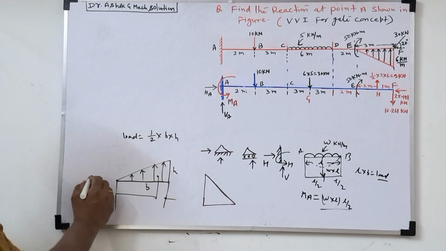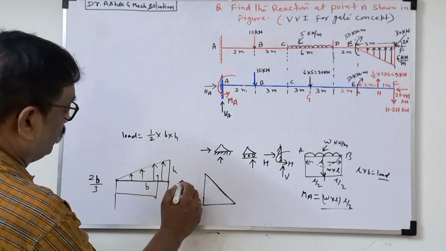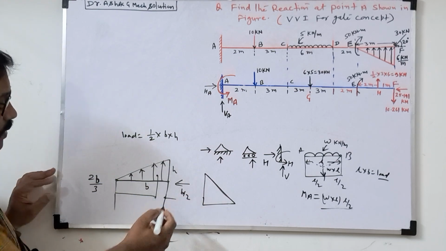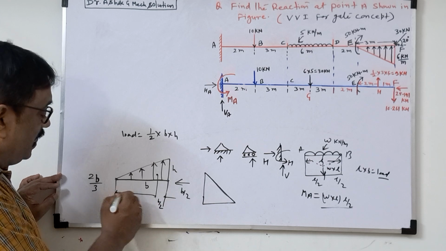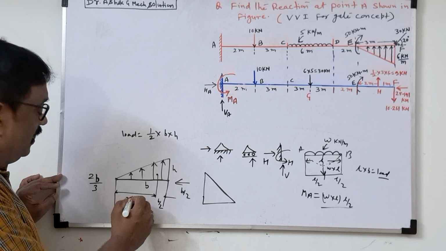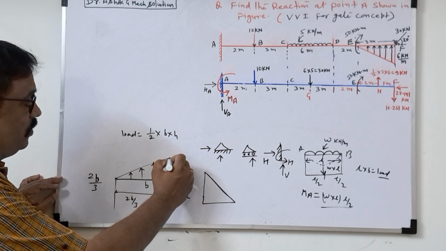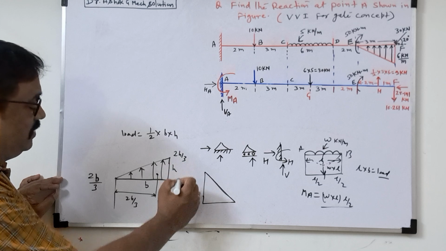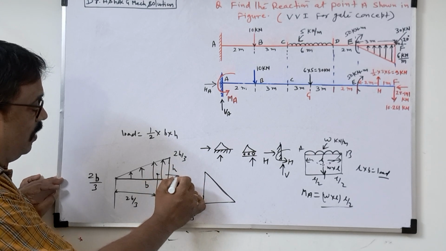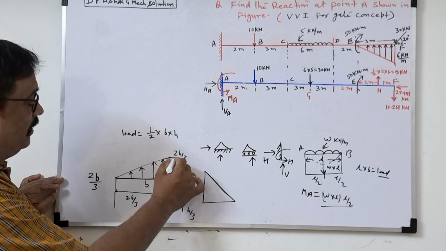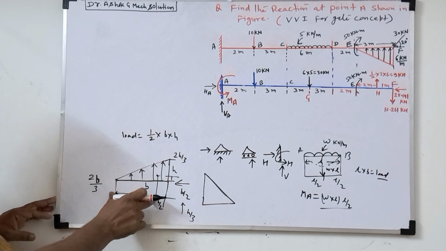We know it is 2b by 3 from the thin side and b by 3 from the other side. Similarly, from the top it is 2h by 3 and from the bottom it is h by 3. So this length will be h by 3, and this length will be 2h by 3.